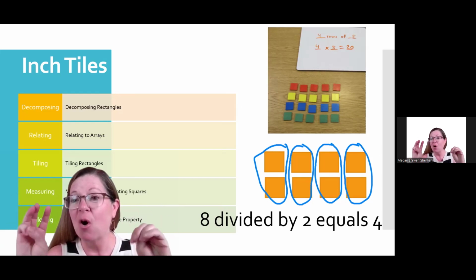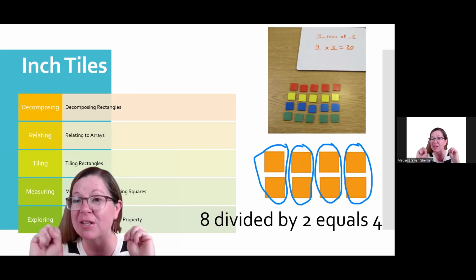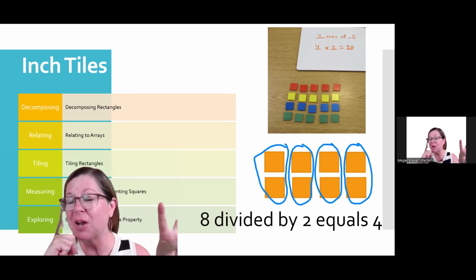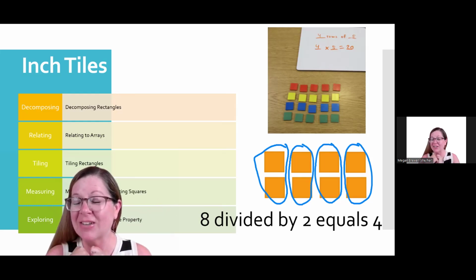And if I can recall that 3 times 7 is 21, and 4 times 7 is 28, I can combine the 21 and the 28, which is 49, and that's my 7 times 7. So that's an example of the distributive property and understanding how it works so that we can use strategies to solve problems.